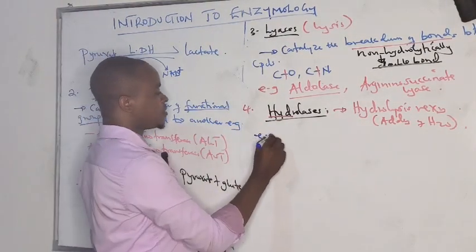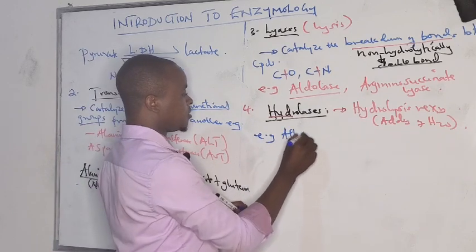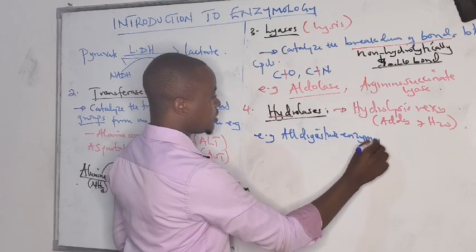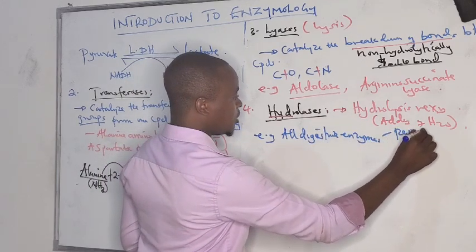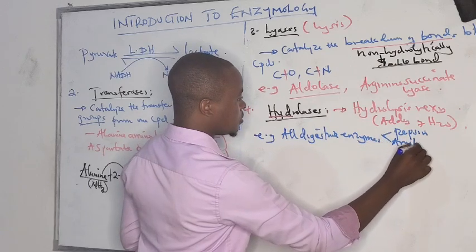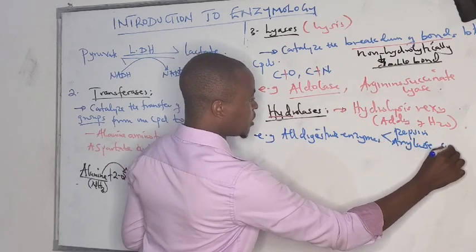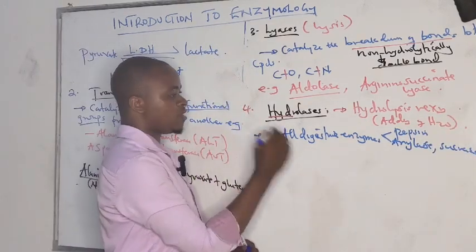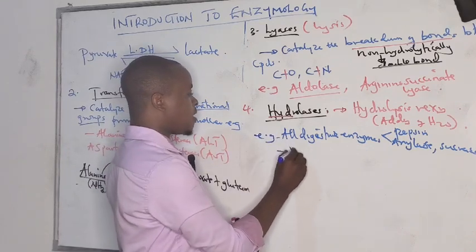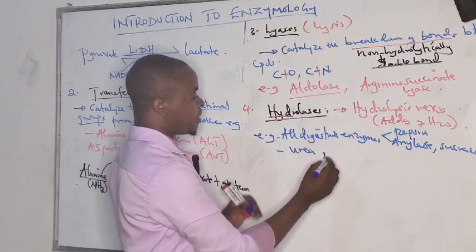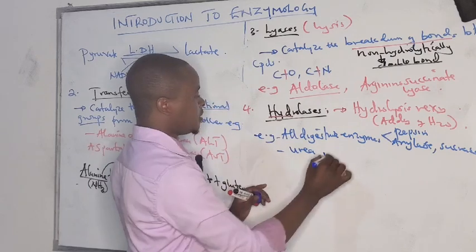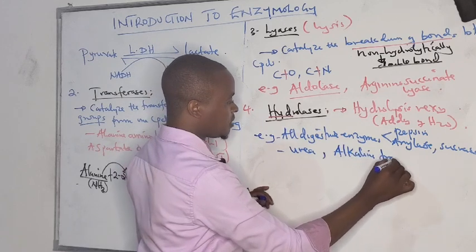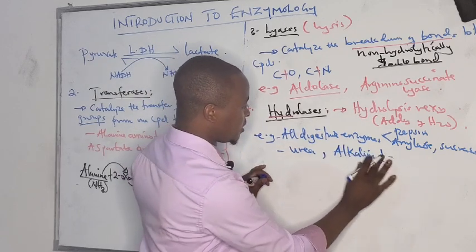And here, examples include all digestive enzymes, enzymes like pepsin, amylase, sucrase, and so on, maltase, lactase. All those are hydrolases. Then another one is urease. Another example of a hydrolase is ALP, alkaline phosphatase.